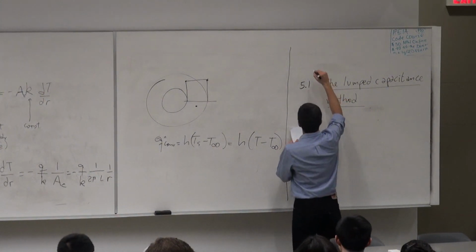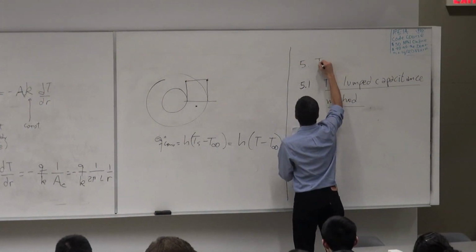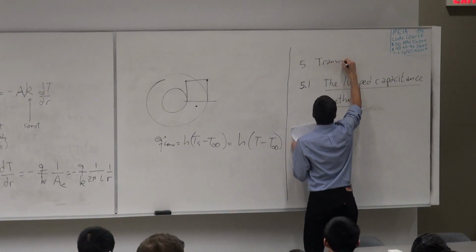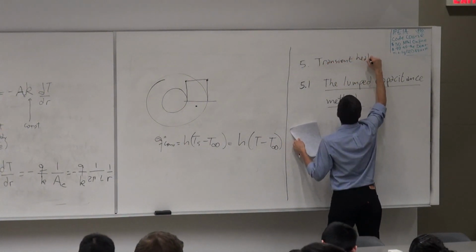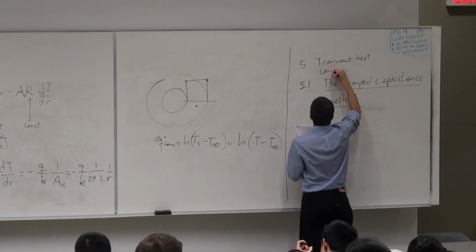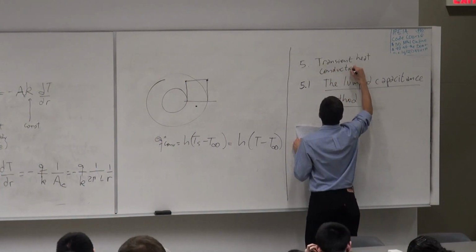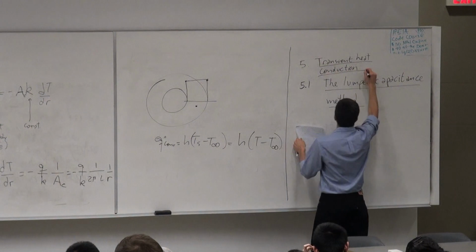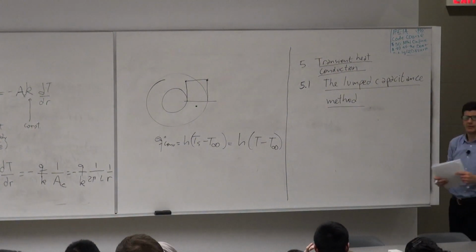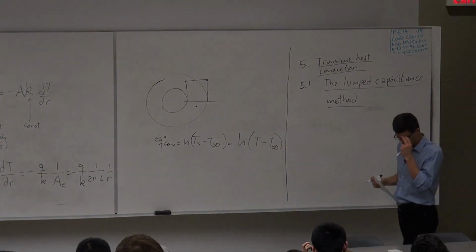And this is part of, in the book, section 5, transient heat conduction. This is the big section, the chapter in the book, and this is the lumped capacitance method.